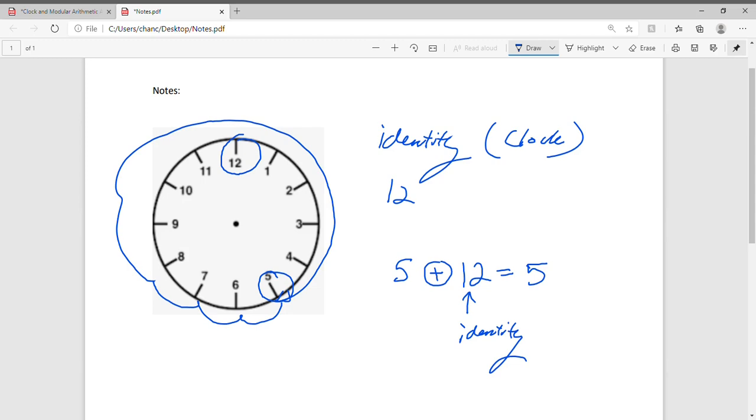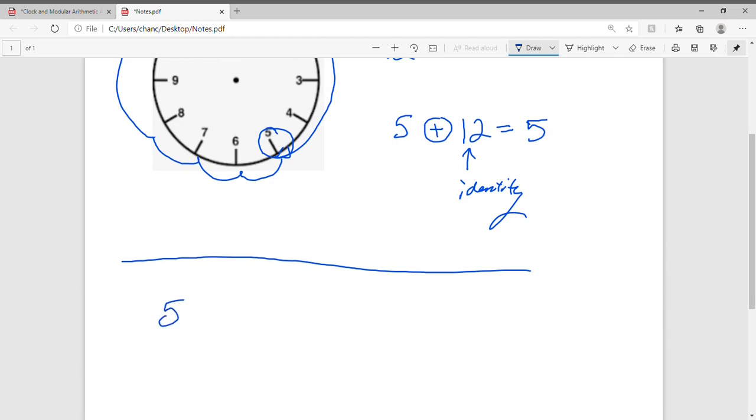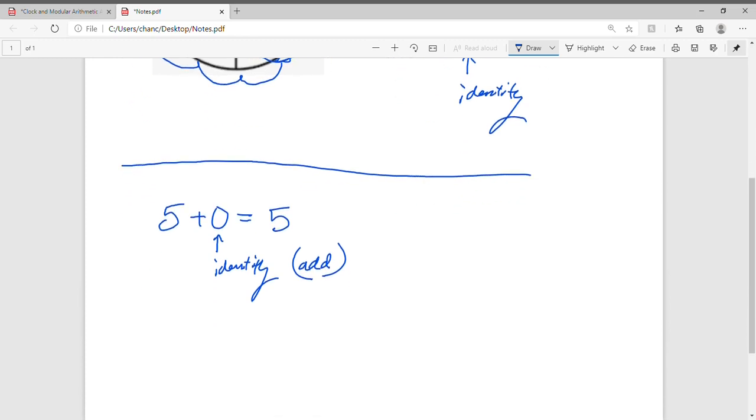Now, how do we find an inverse? Well, before we do that, let's look at regular arithmetic. We know 5 plus 0 equals 5. So 0 is our identity for addition, regular addition. Now, if I want to find the inverse, we would have to ask 5 plus what gives us our identity back, which is 0.